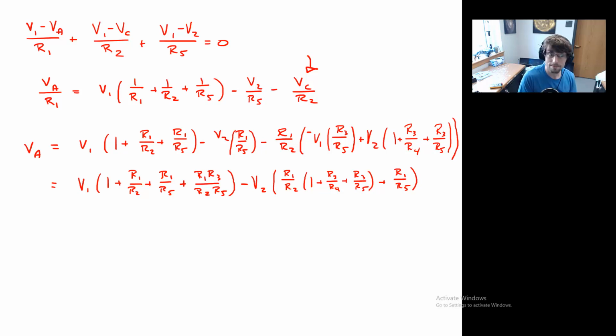And we're done. You can see that it's odd. Although VC doesn't depend on resistor values R1 and R2, we see that VA does depend on them. R3, R4, R5, all of those play a role. You have an R4 right here, though it looks messy. You have R5s. All the resistors play a role in determining the potential of A.